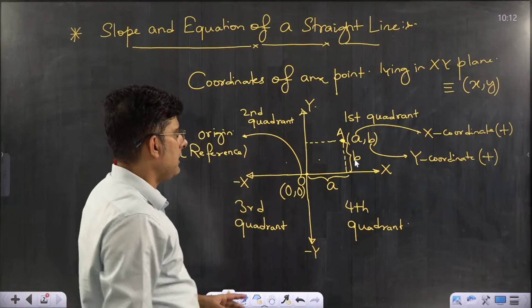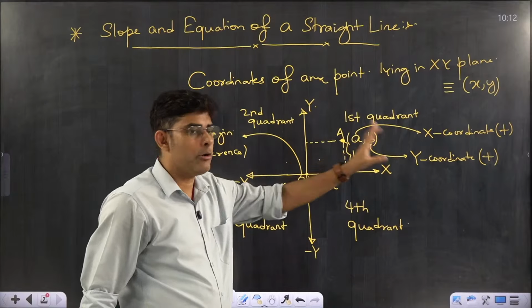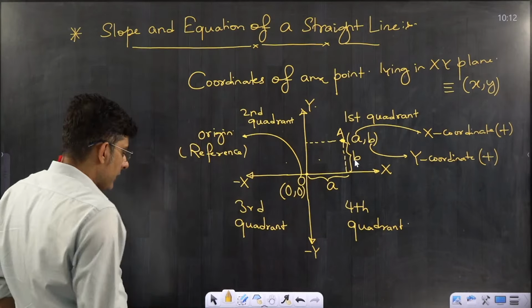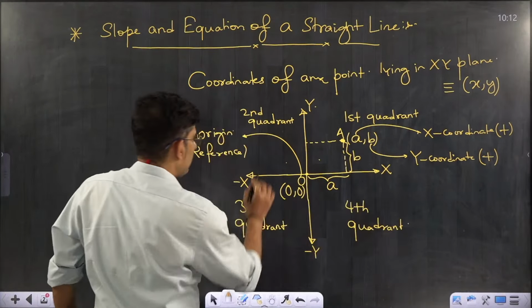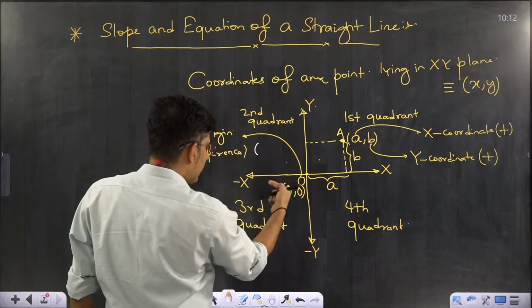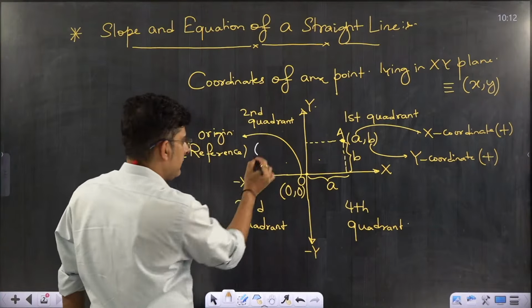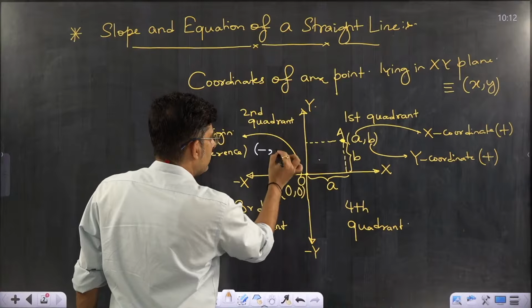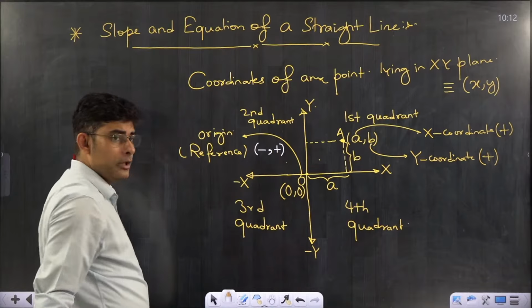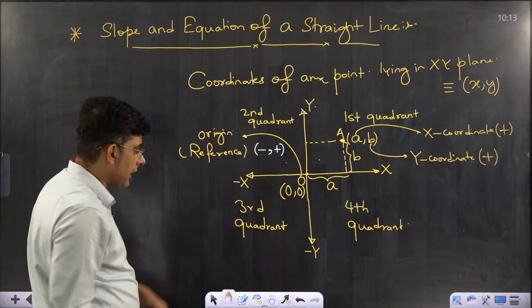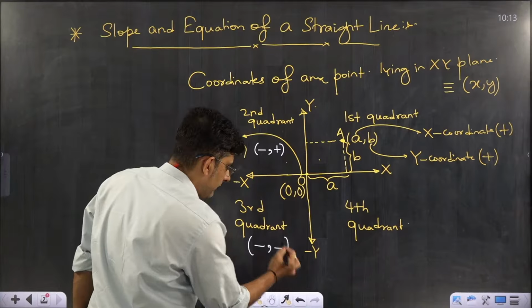Presently, we will quickly see first quadrant: x and y coordinates both are positive. When you come to second quadrant, x coordinate has a negative sign, whereas y coordinate will be positive. When you come to third quadrant, any point which lies in the third quadrant, x is negative, y is also negative, so you will represent both with minus sign.